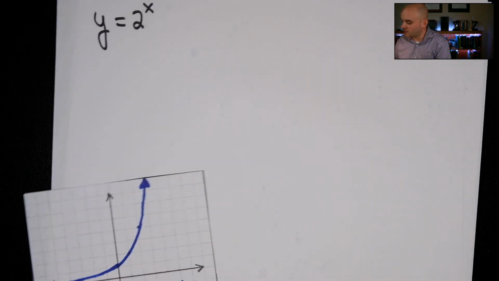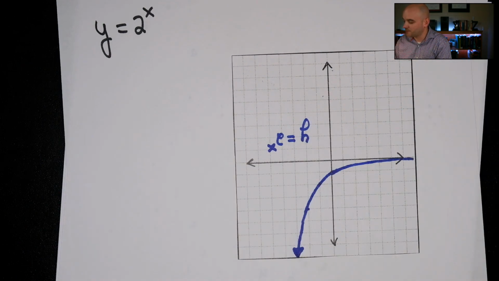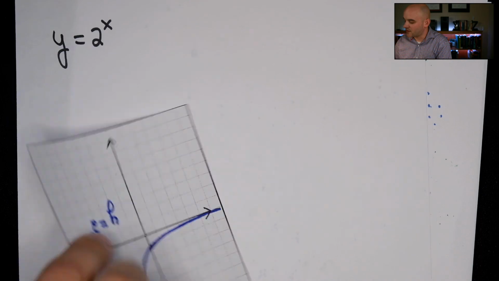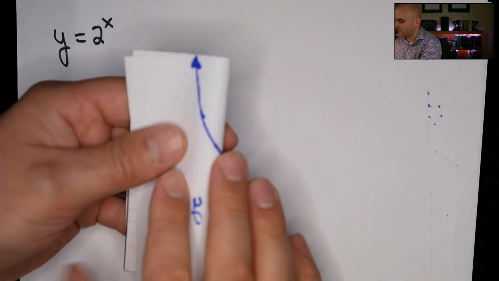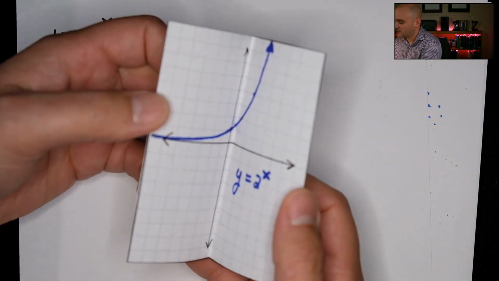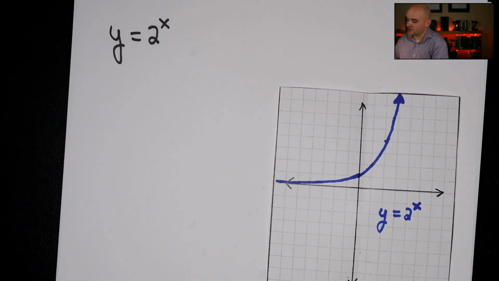If I turn this one 180 degrees, it looks like this. That throws out odd. And if I try to fold it on the y-axis, it's not going to match up, but I'll show you just in case you don't believe me. There it is. Doesn't come close to even matching up. And so this one is going to be neither.